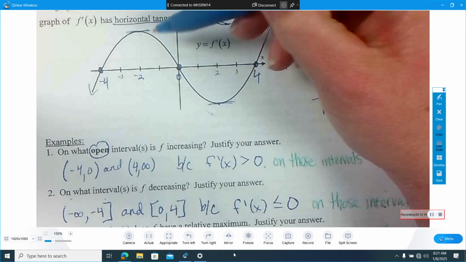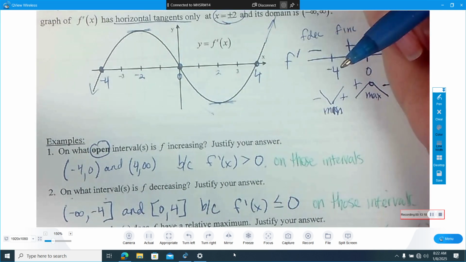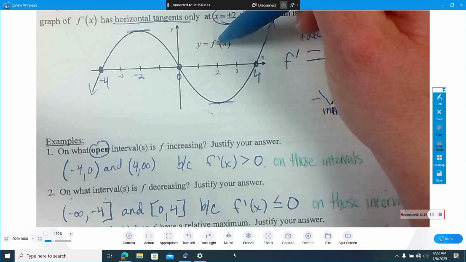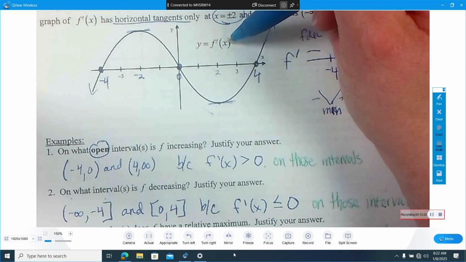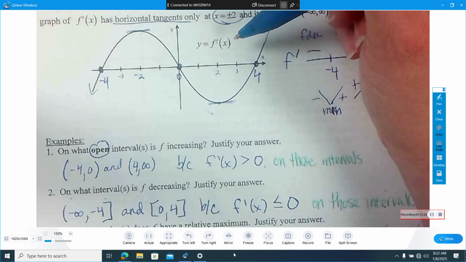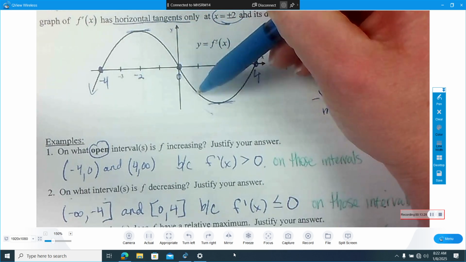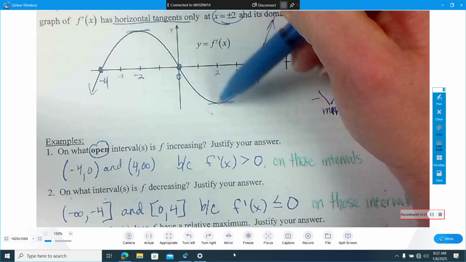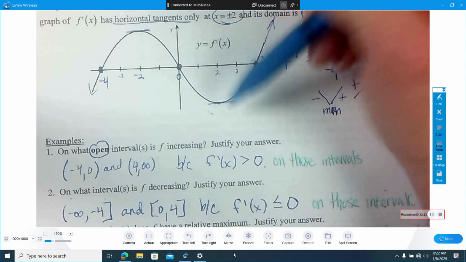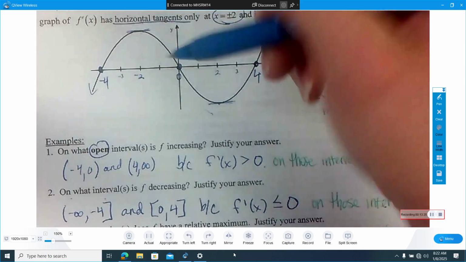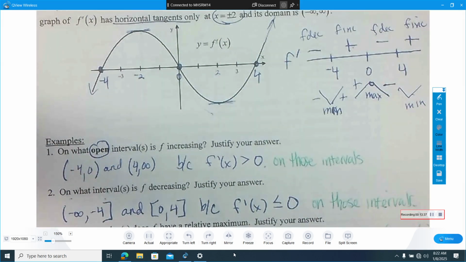Very good. For the second derivative, we're talking about the slopes of this function. You can say the slopes of f prime are negative. You could say it that way, but increasing and decreasing f prime is the best way.